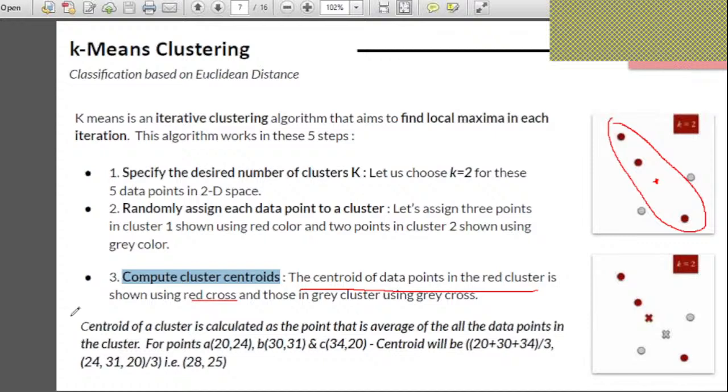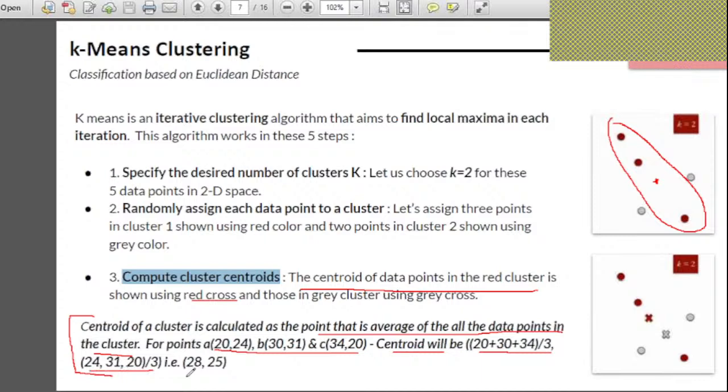Centroid of a cluster is calculated at the point that is the average of all the data points in the cluster. So for these 3 points A, B, C, with coordinates like A (20, 24), B (30, 31), and C (34, 20), the centroid will be the average of X and the average of Y.